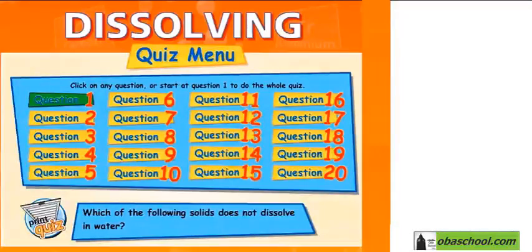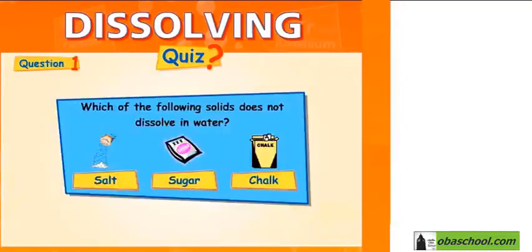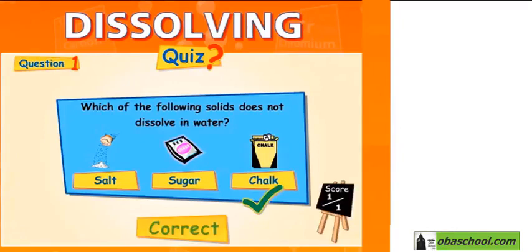After watching the simulation on dissolving, let's try to test our knowledge about dissolving and connect the lessons together. Which of the following solids does not dissolve in water? Chalk.